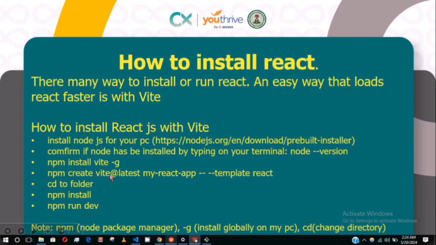Now npm create vite@latest, then my-react-app is the name of the folder that Vite is going to put all your default React app. Then this line of code here just tells Vite that you want to install React, and that is to also inform me that it's not only React that I can use Vite to install. You can use it to install many other things.